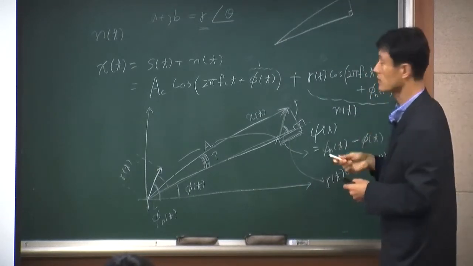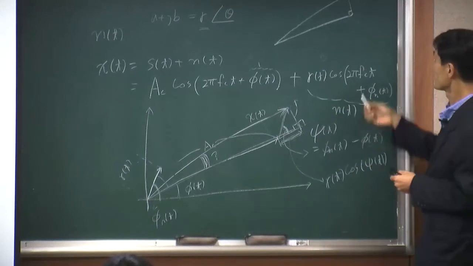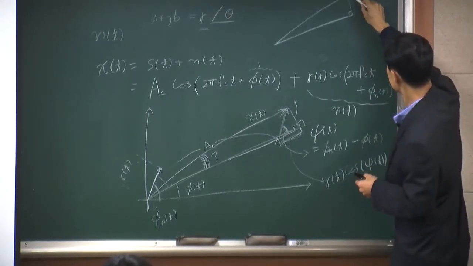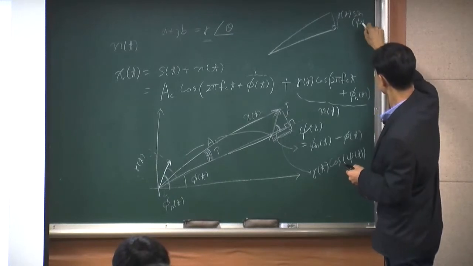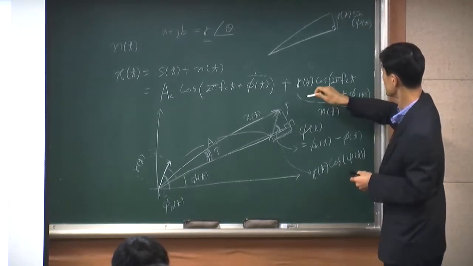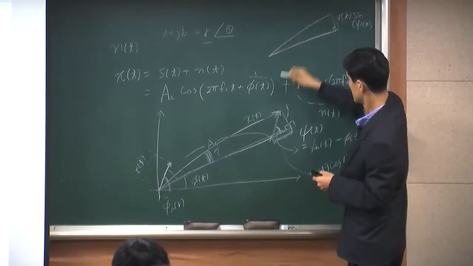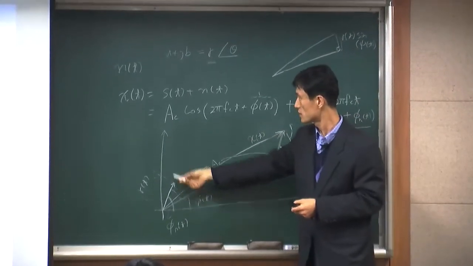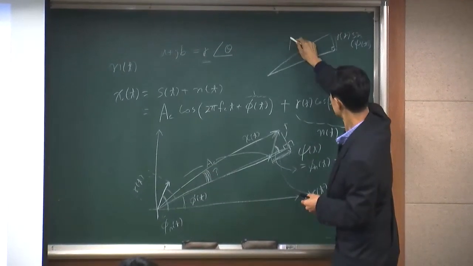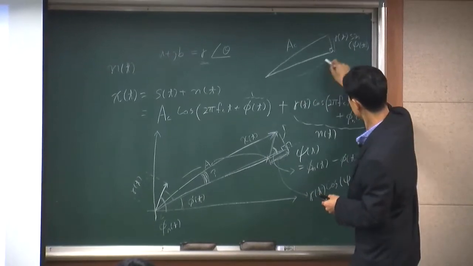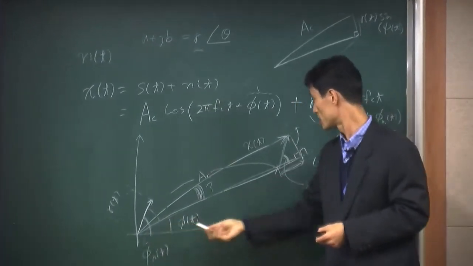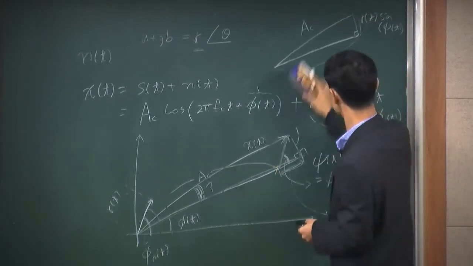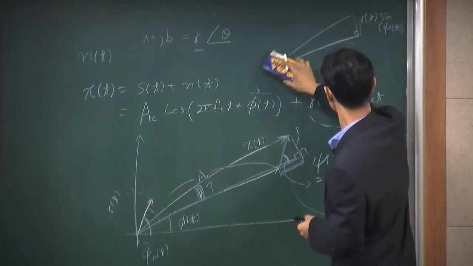So we know that this size is RT sine psi t, and this one is the size of xt, which is AC, oh, no, this is not AC actually.